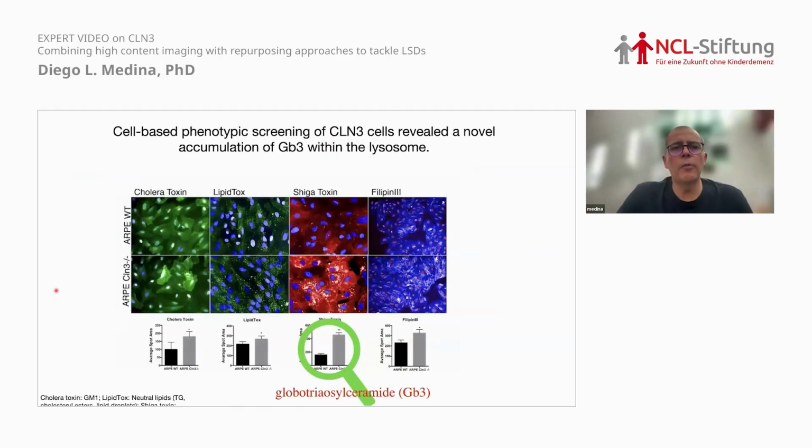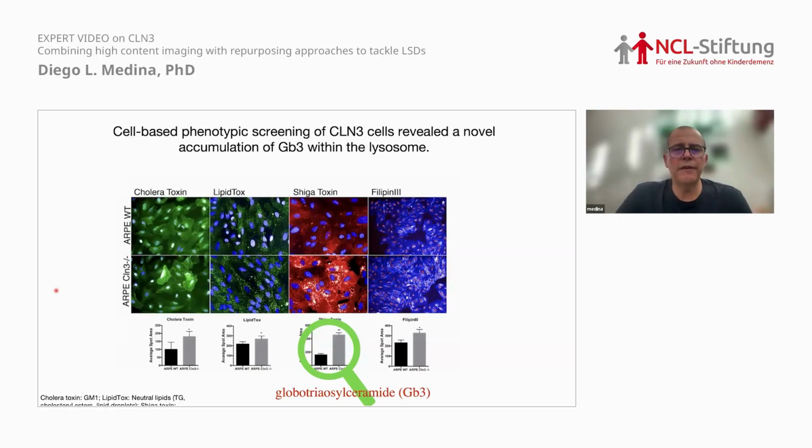So as our modus operandi reveals in the previous slide, we decided to perform a phenotypic screening in CLN3 cells, in particular human retinal pigmented epithelial cells that have been depleted of the CLN3 gene, to reveal a specific lipid accumulation within the lysosome.